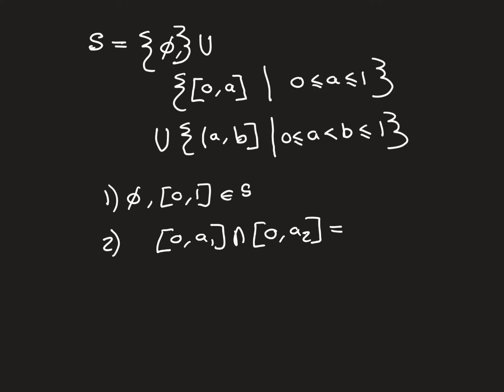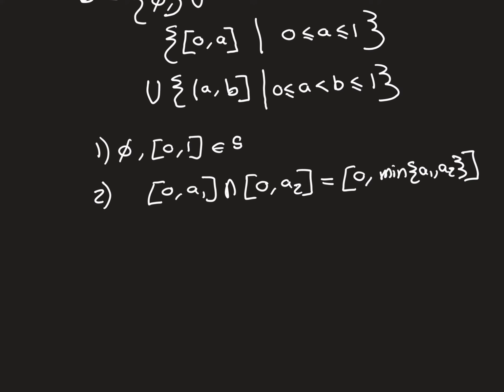Well, that's just going to equal the interval from 0 to whichever one is smallest, so the minimum of A1 and A2, which of course will then be another thing back in there. So that's fine. If you intersect any of those two together, you'll get something that's back in here.